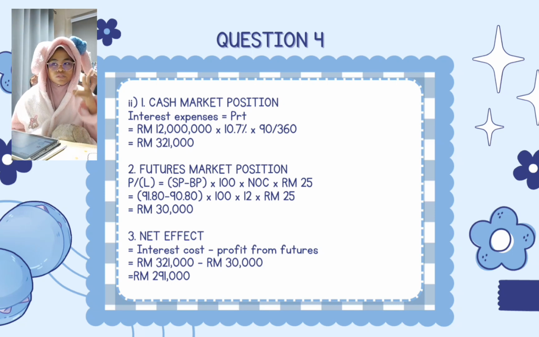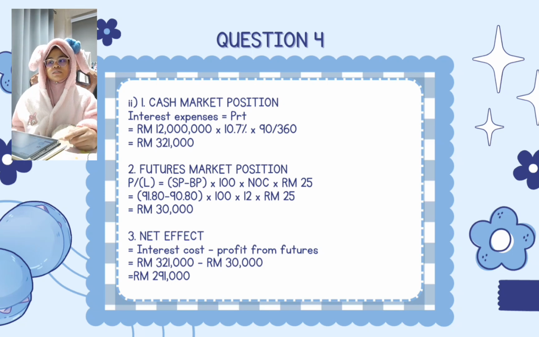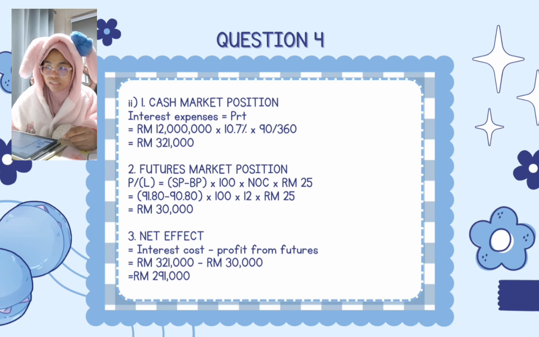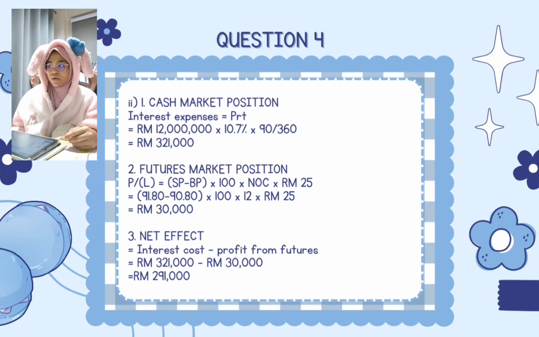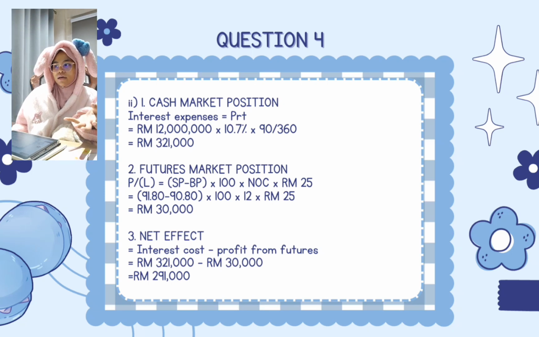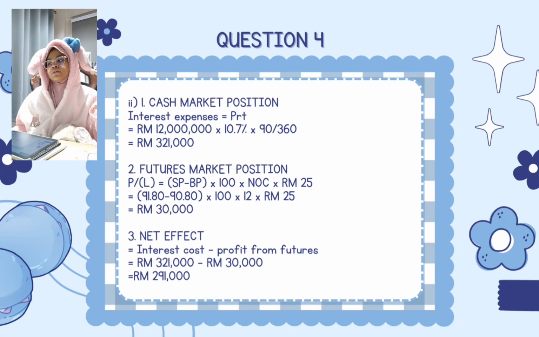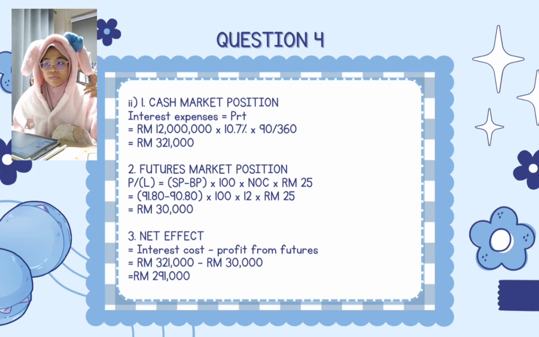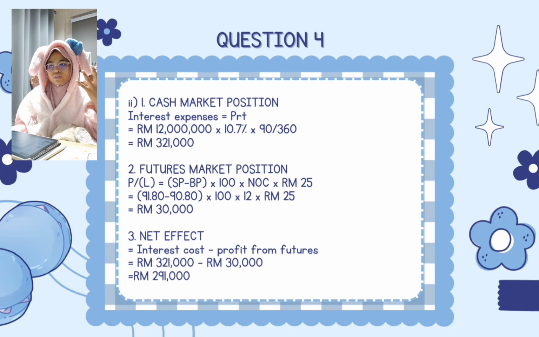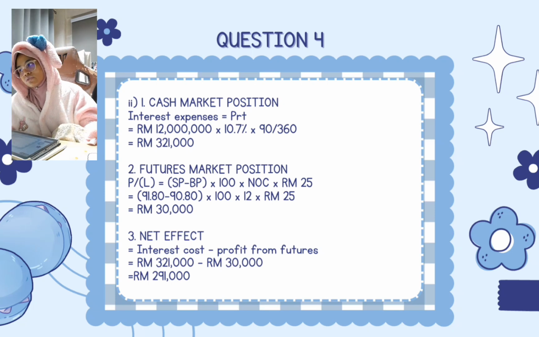So second is the futures market position, which is the formula: selling price minus buying price times 100. Why 100? Because it is multiplied by 100 in order to be expressed in the form of basis points, times number of contracts, times RM25.